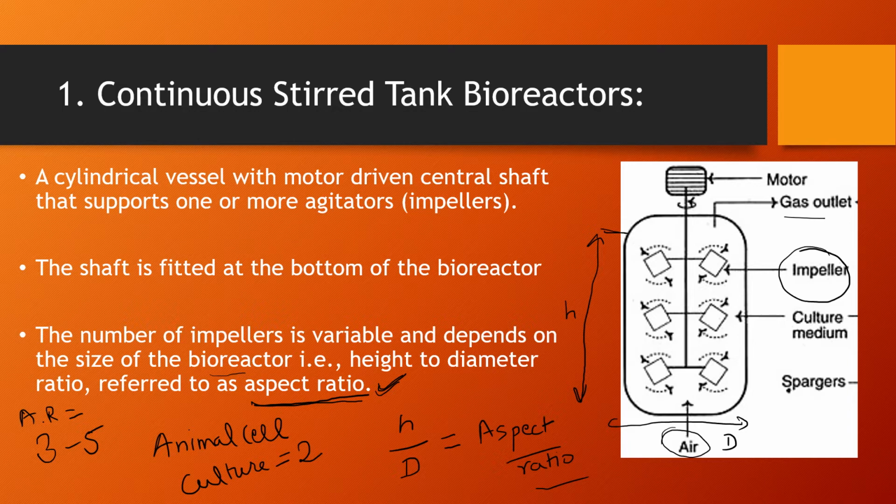The distance between two impellers should be 1.2 times the impeller diameter. Okay, so these are some numbers which you need to remember.